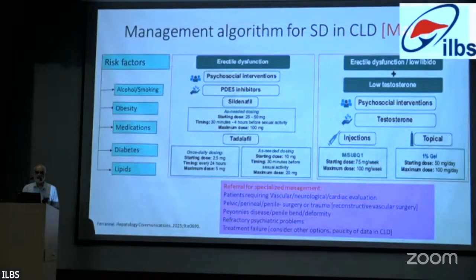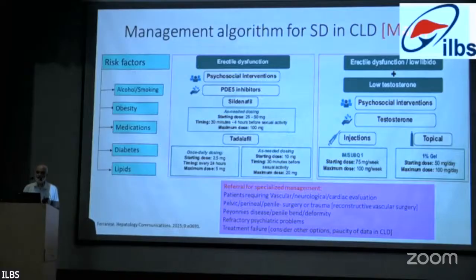As far as the management is concerned, this algorithm is for sexual dysfunction in chronic liver disease. Risk factor management is very important. Alcohol, smoking, obesity, medication, diabetes control, lipids control. And if there is erectile dysfunction, then psychological assessment is very important. Then phosphodiesterase 5 inhibitors, sildenafil, tadalafil can be used.